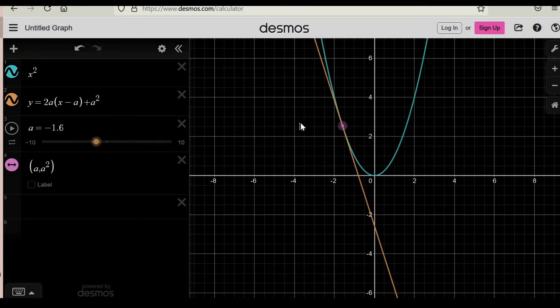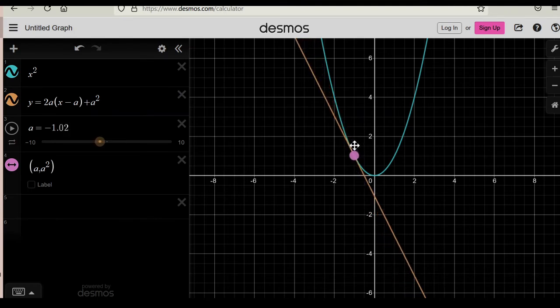And let's imagine, so here the tangent line is being affixed to the curve at this point here, which is given in purple. But let's imagine that I begin to drag that point in the positive x direction.